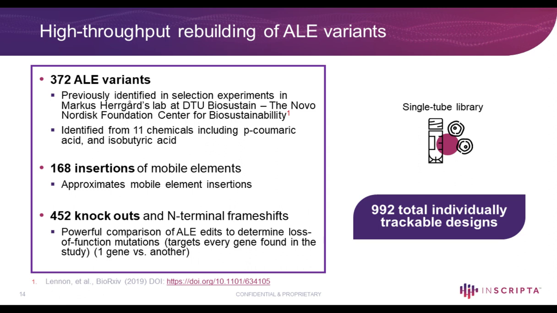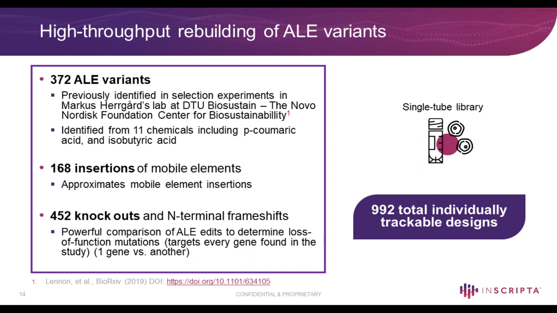Of those 11 chemicals, there were 2 to note here, which are p-coumaric acid and isobutyric acid. Those ALE variants were taken forward and used on our design platform to rebuild those variants using the Onyx technology.